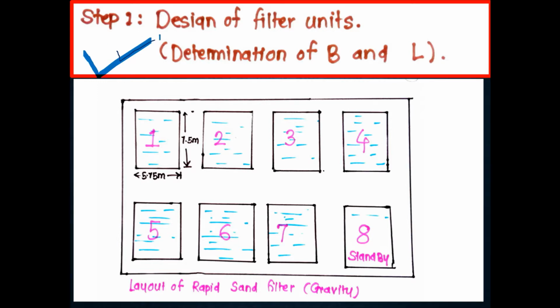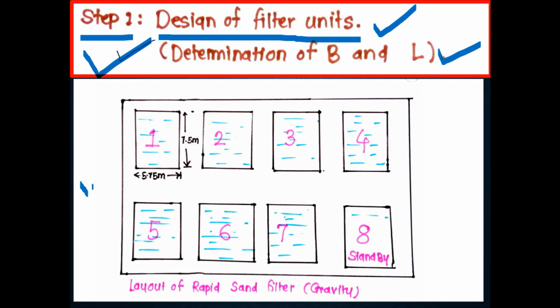It is a very simple procedure to calculate the dimensions of the filter unit, and finally we arrive at the layout of the rapid sand filter, which is developed after estimating the width and length of the tank.